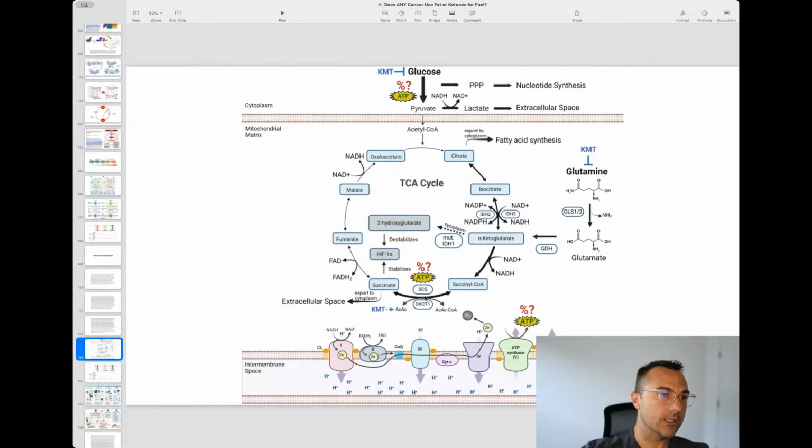This is where ivermectin, for example, will downregulate succinyl-CoA synthetase here. And then you see a little KMT here, right? With a little arrow here. And what it's saying here, and this is interesting, we talked about this in the ketones lecture, where the ketone bodies will actually steal CoA and succinate away from this reaction that makes ATP.